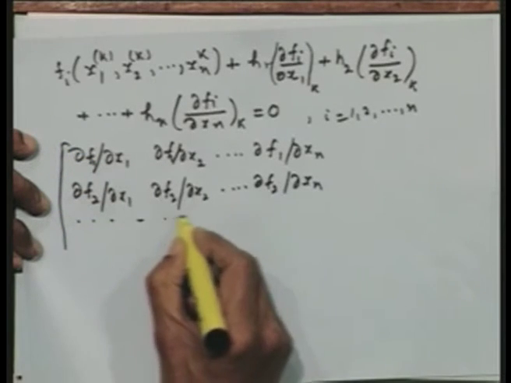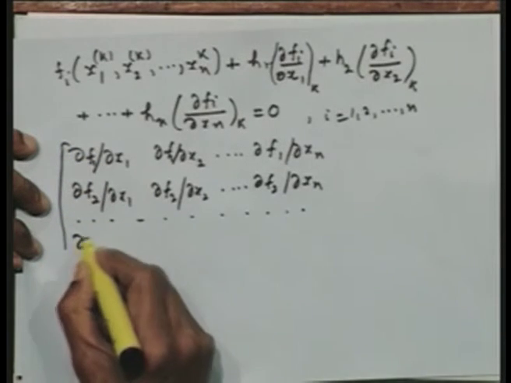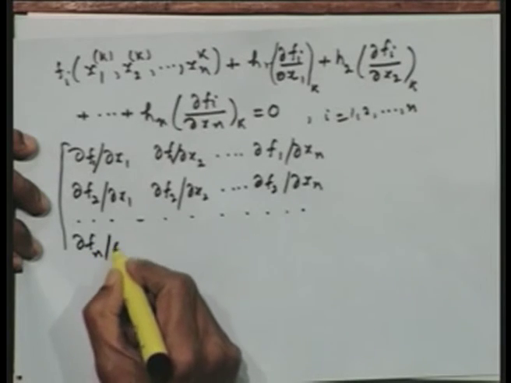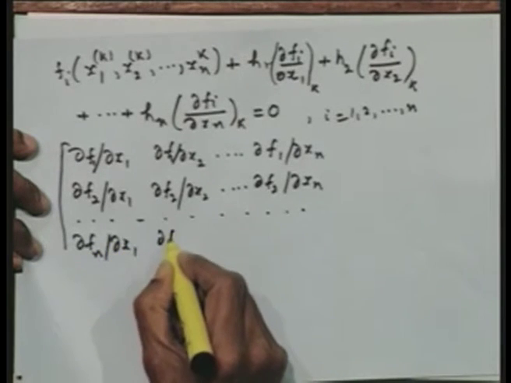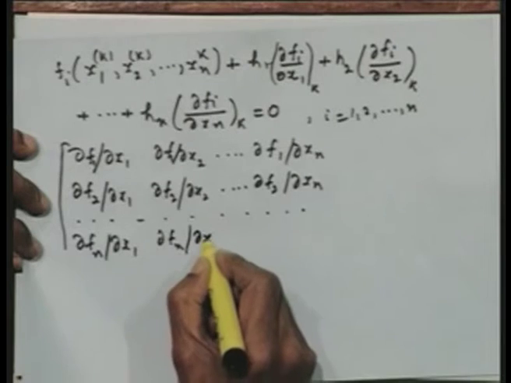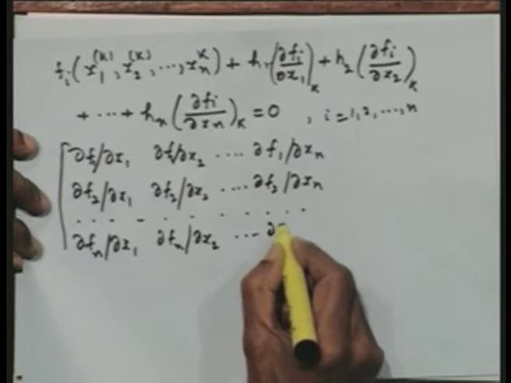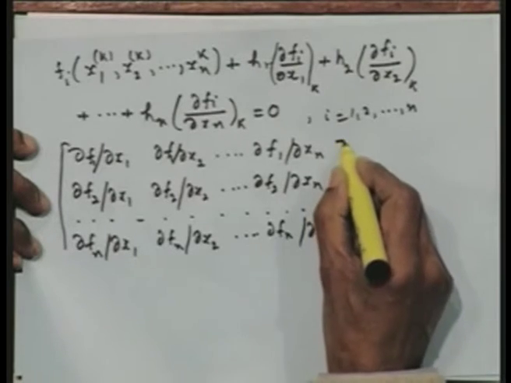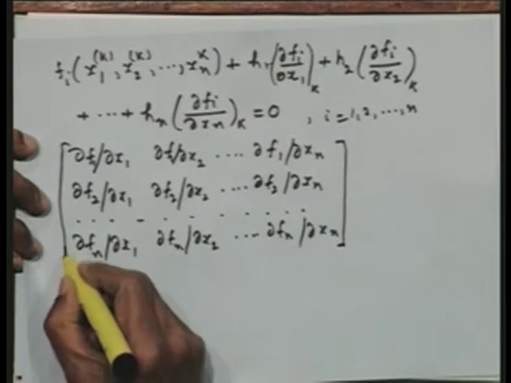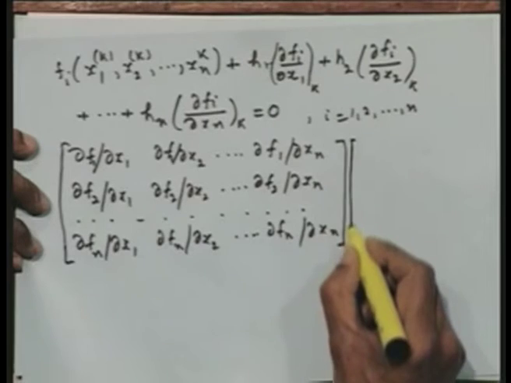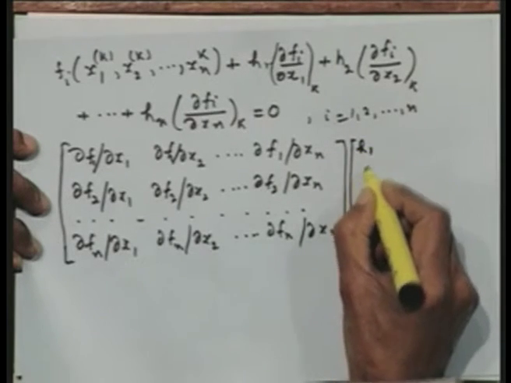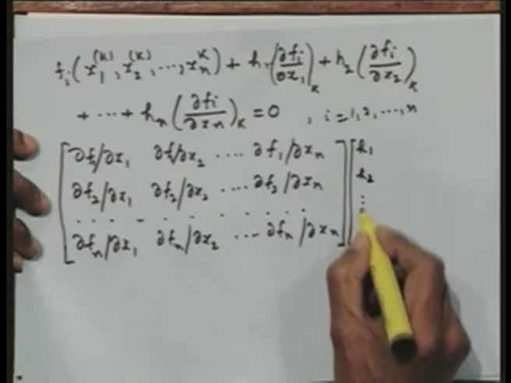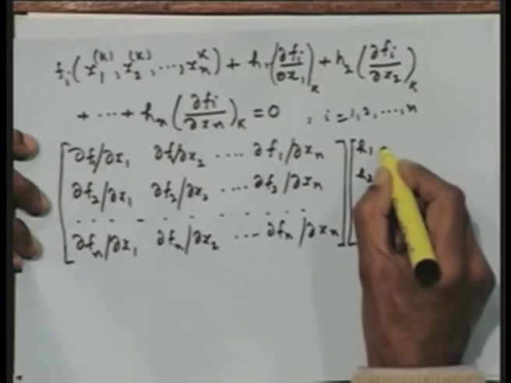So, we are putting it in matrix format. This will be delta fn by delta x1, delta fn by delta x2, up to delta fn by delta xn, multiplied by h1, h2, up to hn.